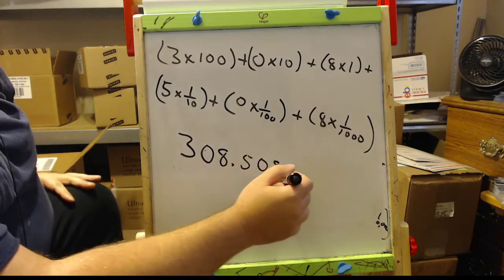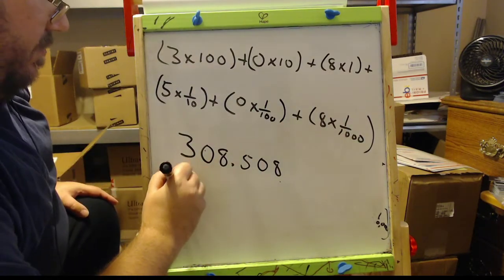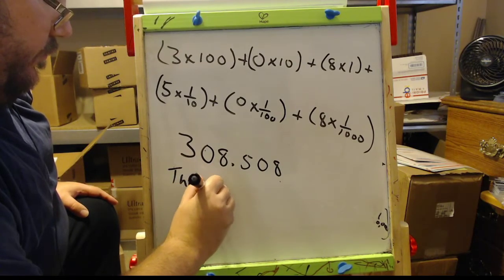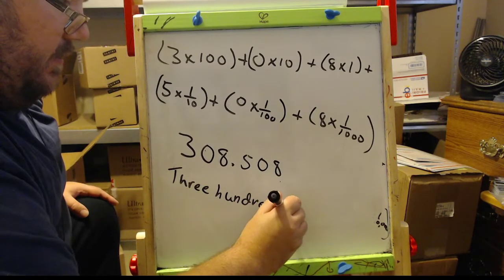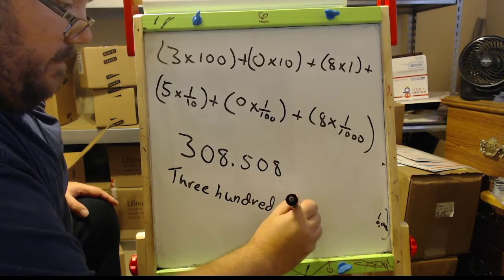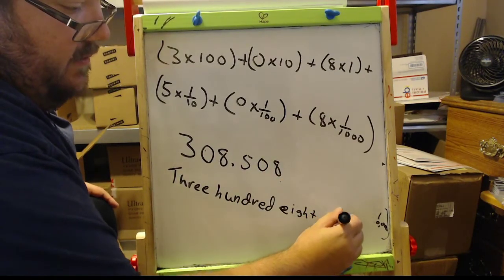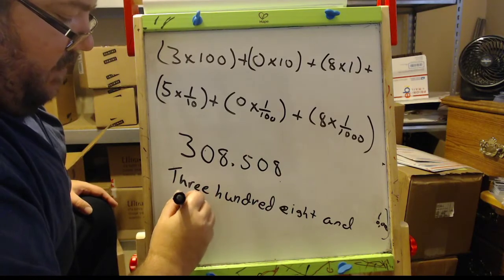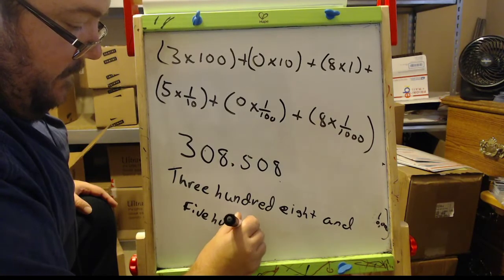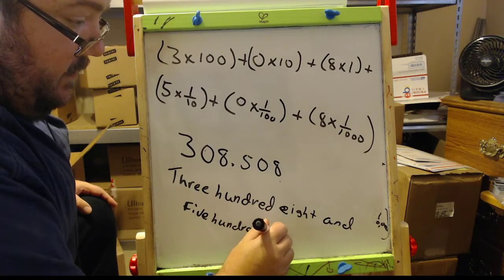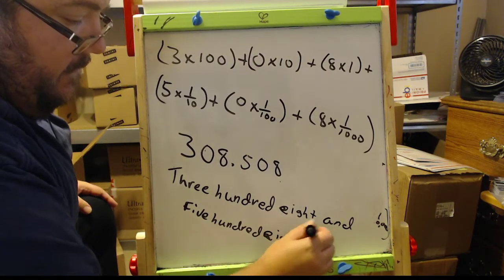And 508 thousandths. So if we were writing this in words, it would be 308, and for the decimal you could say "and," 508 thousandths.